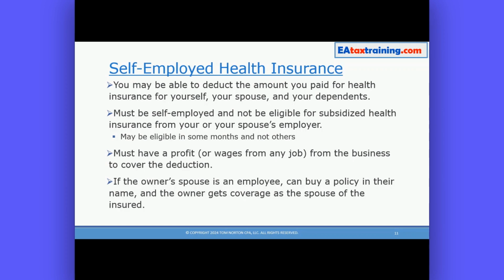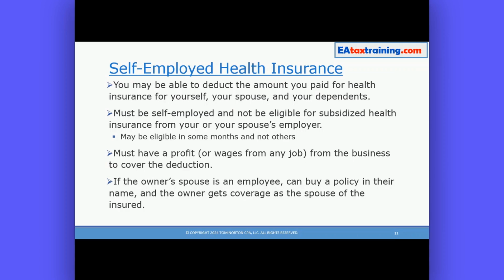Then you have to have a profit from the business to cover the deduction. So if you don't have at least as much as the premiums for the health insurance, then you're not going to be able to deduct all of them. You can still deduct the amount of profit that you have, but you can't deduct more in health insurance than you have profit from the business.